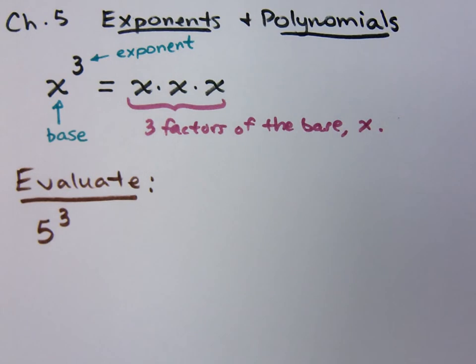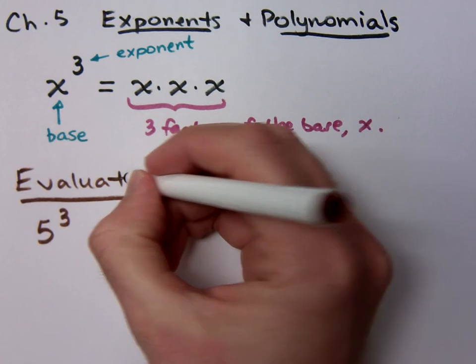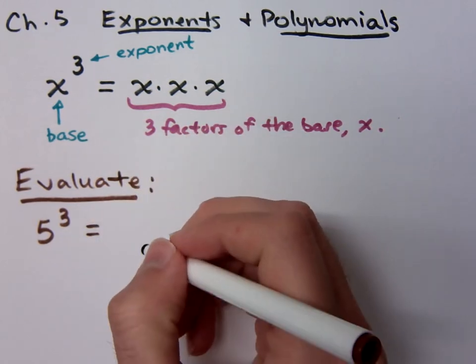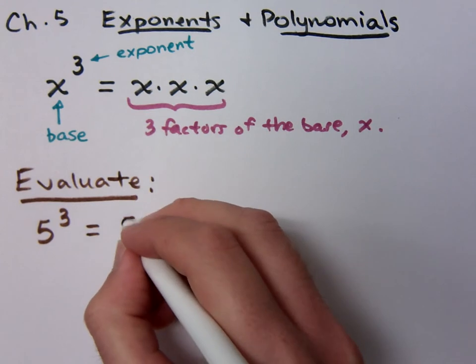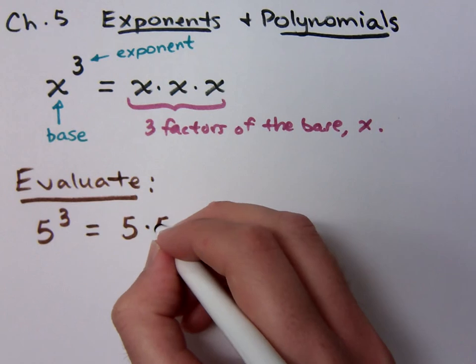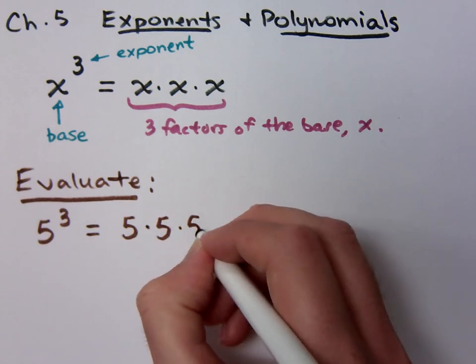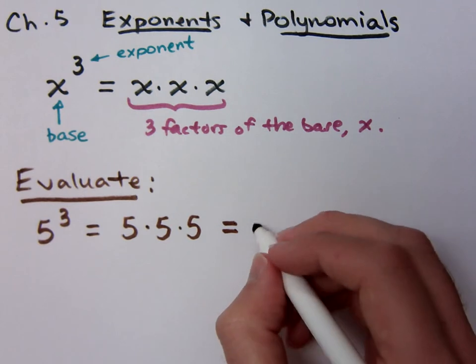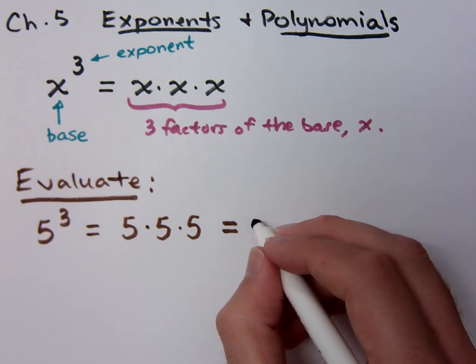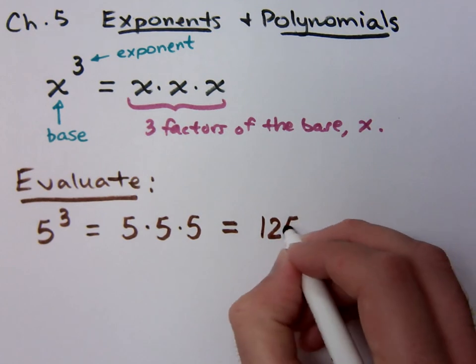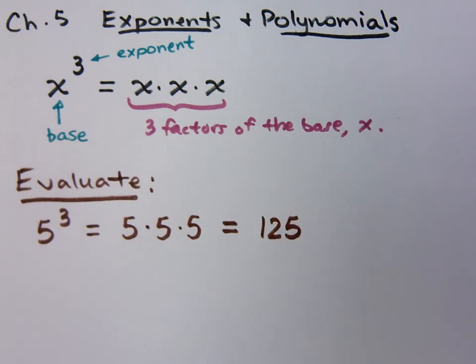What does that mean? 5 times 5 times 5. It means I see my factor of 5 how many times? 3. So I have 3 factors of 5. And what happens when I multiply all of that together? 25 times 5, which is just 125.